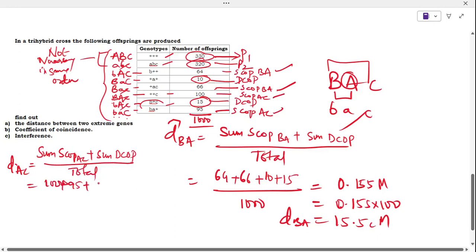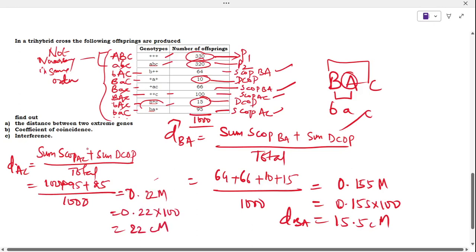I will write directly 25 divided by 1000. So the value will be 0.22 Morgan. If you multiply that by 100, it will give 22 centimorgan distance.